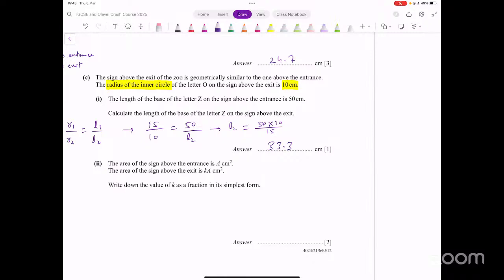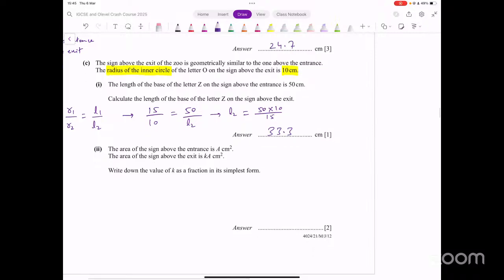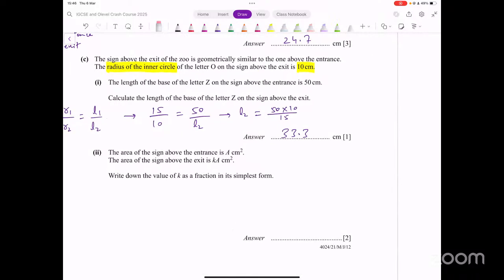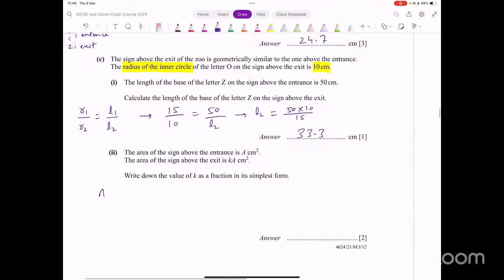Okay, let's move on now. It says the area of the sign above the entrance is A centimeters squared. The area of the sign above the exit is Ka centimeters squared. Write down the value of K as a fraction in its simplest form. Now we're talking about areas. For similar figures, the ratio of the areas is supposed to be equal to the square of the ratio of sides.